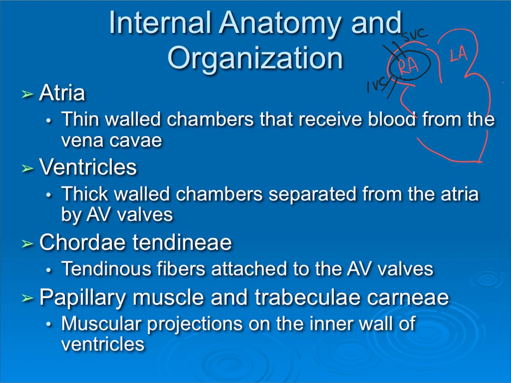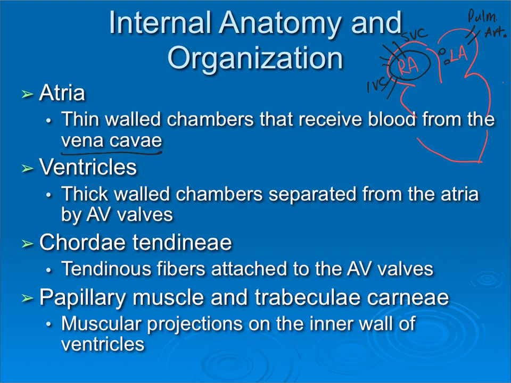Okay, so that's the right atrium. The left atrium is going to receive blood from the openings here, because they'd be coming on this side of the heart, from your pulmonary veins. Okay, so these are very thin-walled vessels. The right atrium receives from the vena cava, the left from the pulmonary veins.